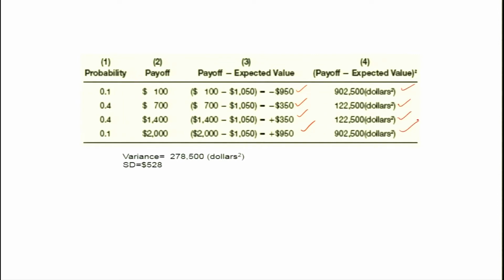Then the variance is the sum of probability times the squared deviation of the payoff from the expected value, that is going to be this times 0.1, this times 0.4, times 0.4 again, times 0.1, this one. Then what are the values that we are getting? We need to add these together.